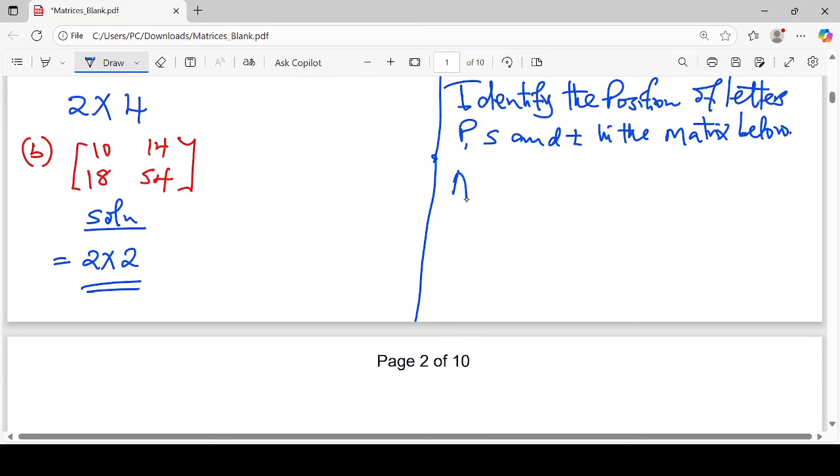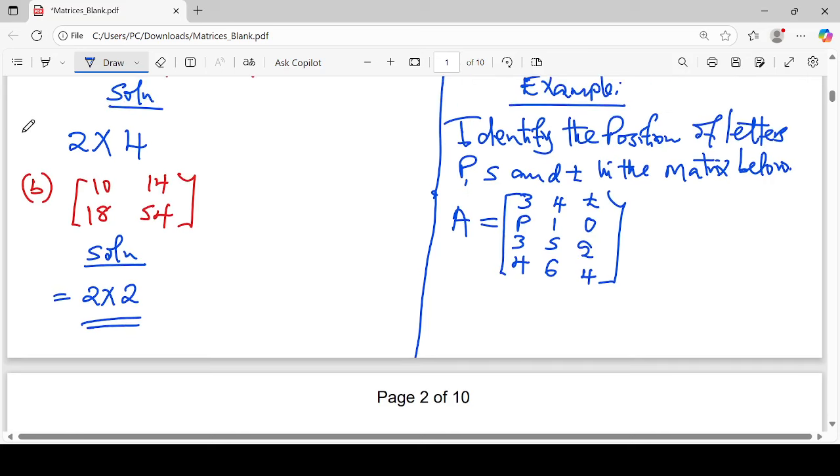We've been given matrix A being equal to: column 1 is 3, P, 3, 4. Column 2 has 4, 1, S, 6. Column 3 has T, 0, Q, 4. We've been told to identify the position of letters P, S, T in that matrix.